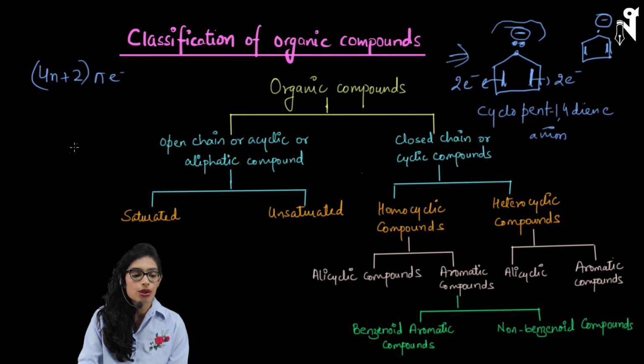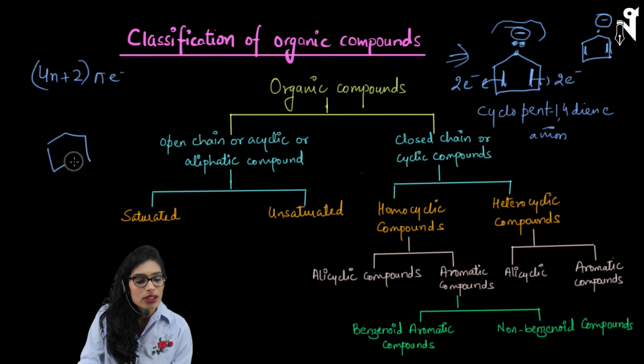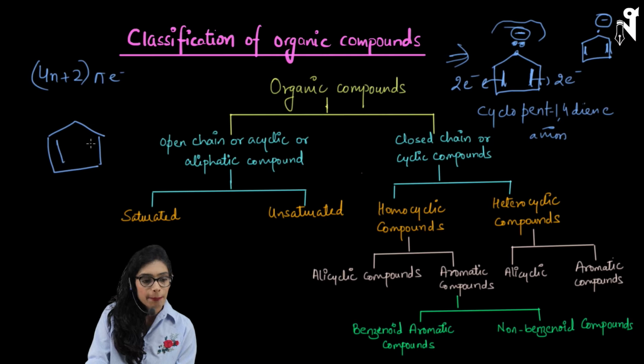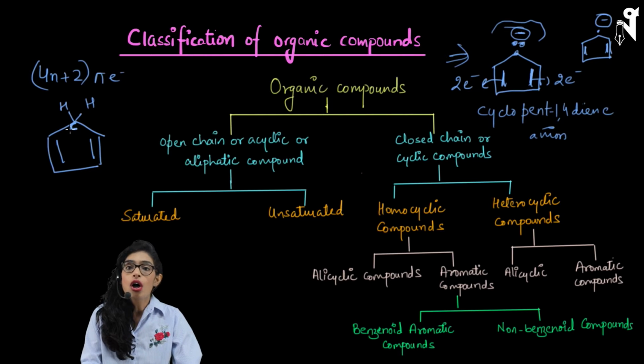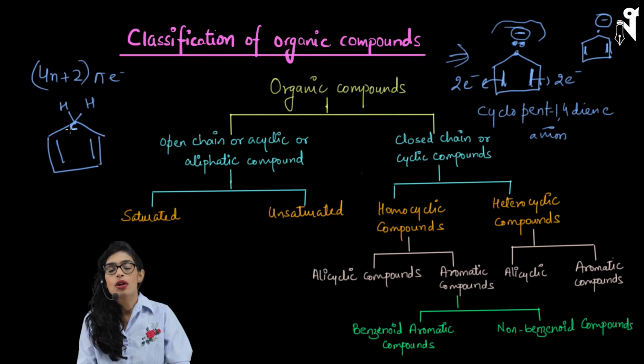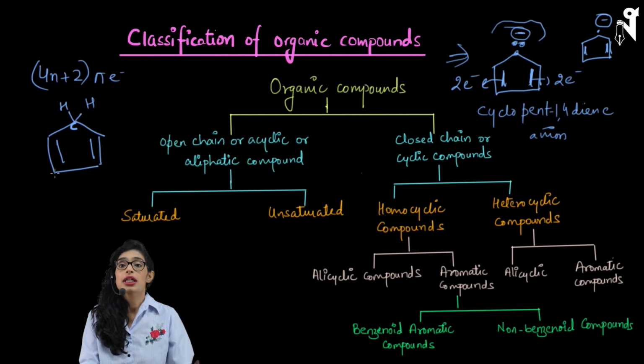Let me show an example to you. If, let's say, this was my compound, and we had hydrogen over here. Okay, this is the carbon. All of us have learned periodic properties. All of us know the electronegativity and electropositivity of the elements.